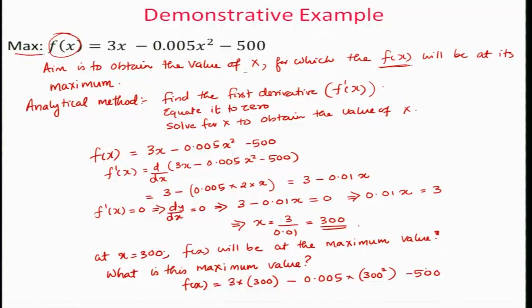If you solve this equation, then you will get the value of f of x, which will be the maximum. So, this is what we call the exact value that we were looking for.